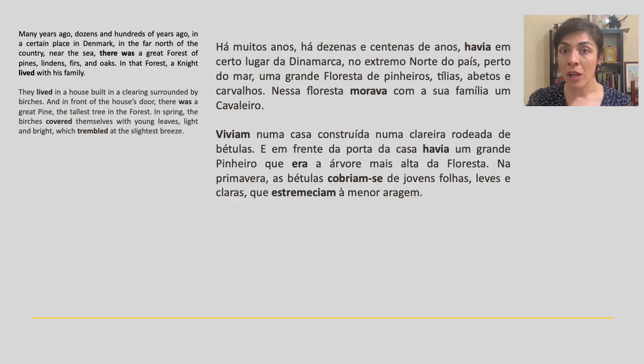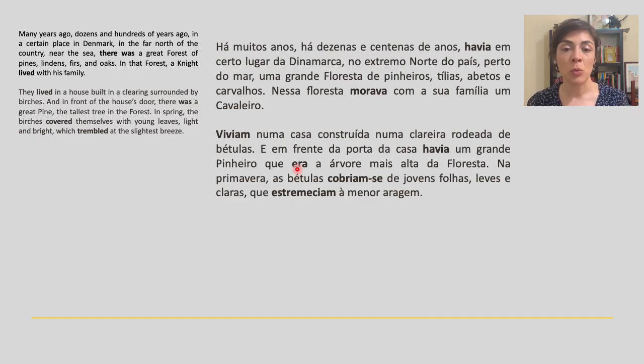Now, precisely what I was just telling you, I want you to notice that in the original we have, about the pine tree, grande pinheiro que era a árvore mais alta da floresta. If you go to the English version, honestly, you will not find this verb at all because the translation is slightly different.